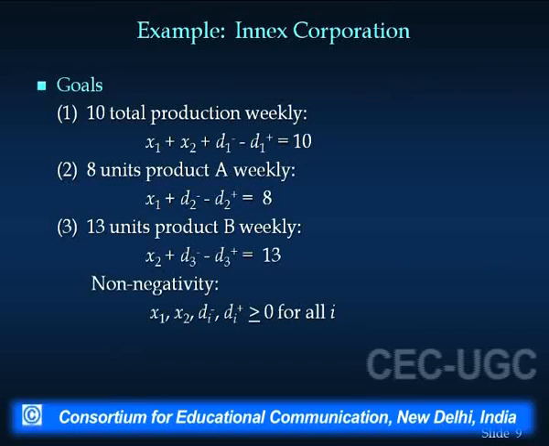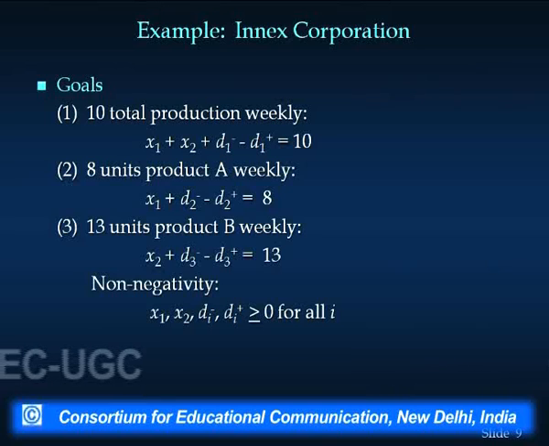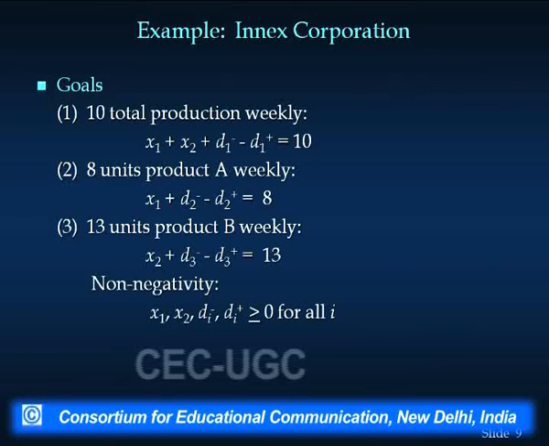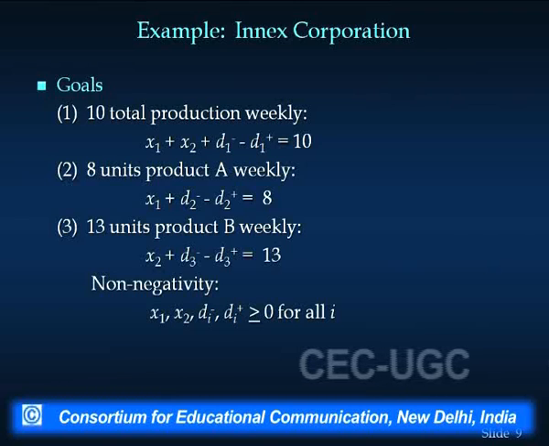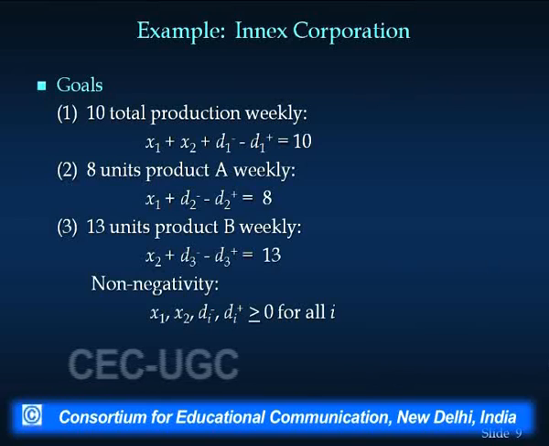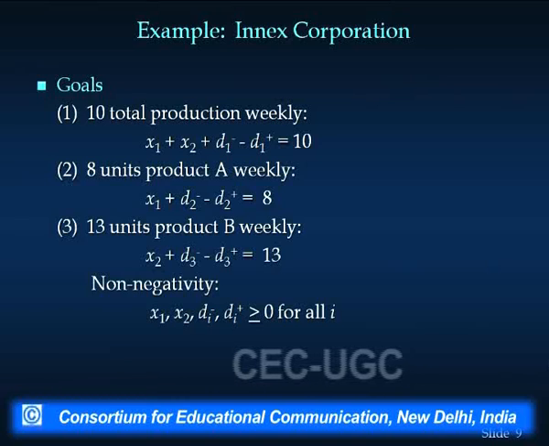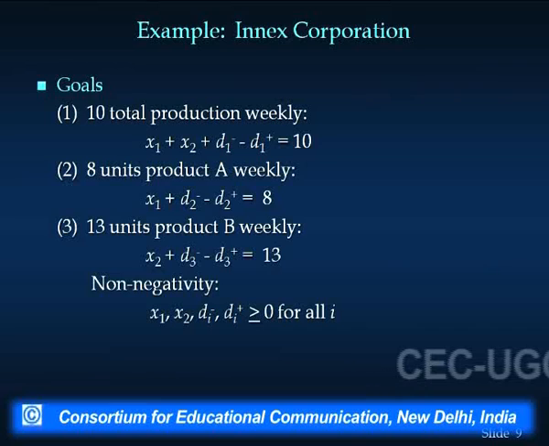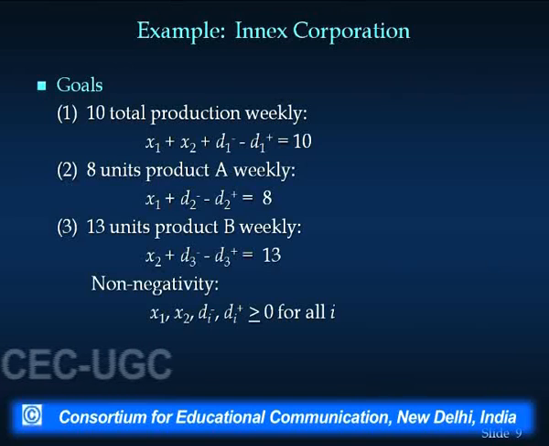If 10 is not met, if 8 are produced, then there is a deficiency of 2 numbers. This deficiency of 2 should be added to x1 plus x2 to make it equal to 10. This 2 is the deficient production, and we show the deficiency with D1 minus.